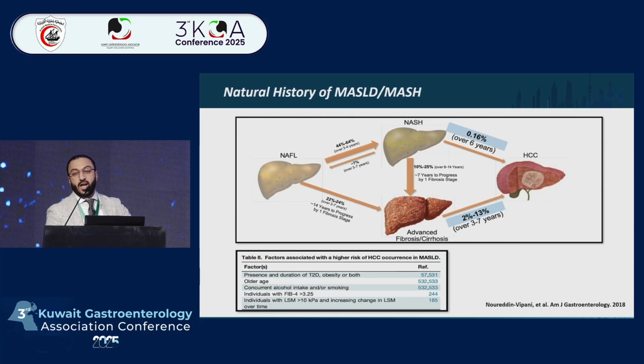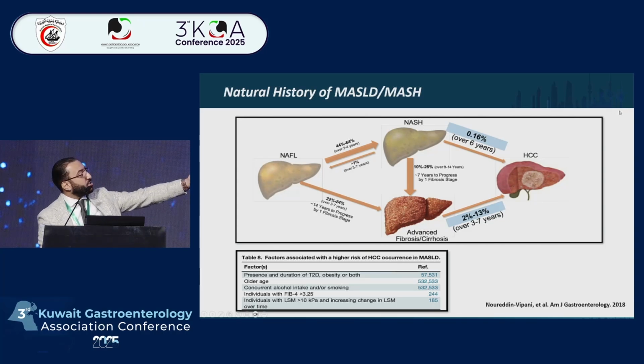We know that the natural history of MASLD or MASH is a silent progressive disease. Of patients who have NAFLD, at least 40 to 60% will progress to MASH over 3 to 7 years, and around 20% will progress to advanced fibrosis and cirrhosis over 4 years.